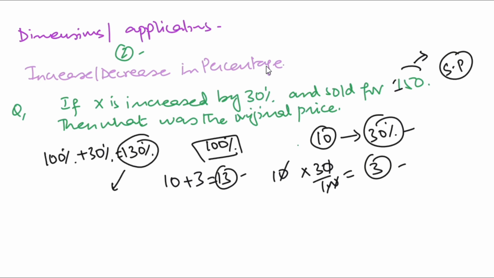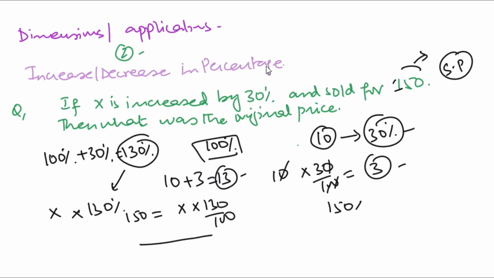Now I multiply this with the original value, x, so I am left with x multiplied by 130 over 100, and this is sold for 150. So this is equivalent to 150. Again cross multiplication gives x equals 150 times 100 divided by 130.